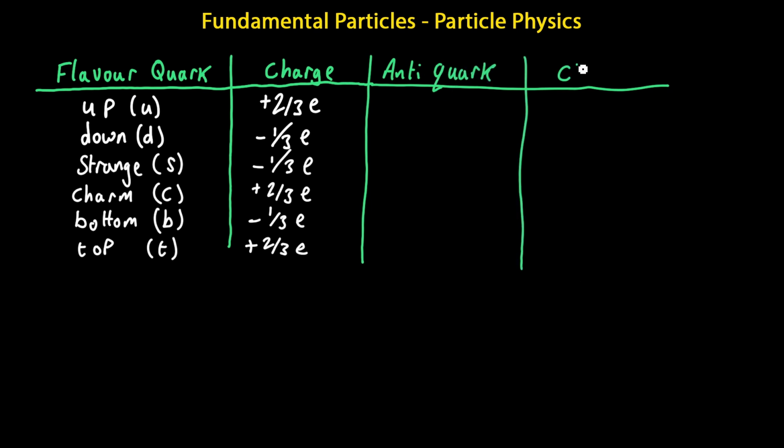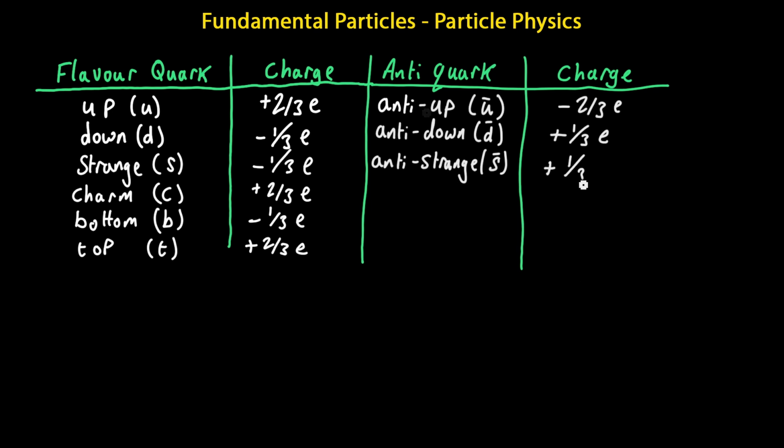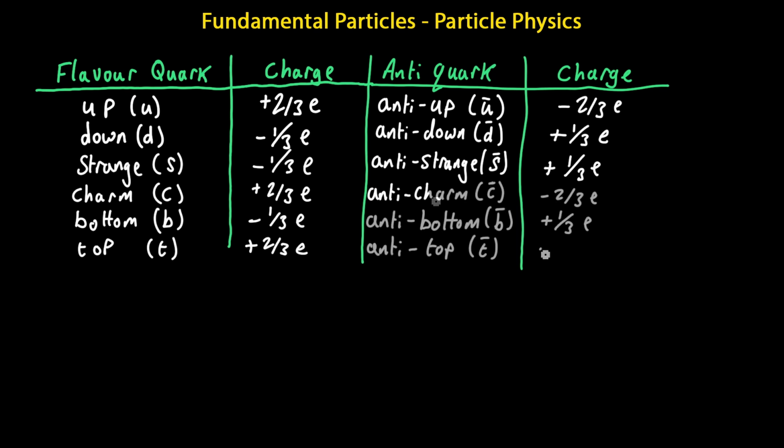And I've extended our table here with the 6 quark flavours, the up, down, strange, charm, bottom and top, and also included their antimatter equivalent. And if you notice here, all the symbols have a bar over the top of them, and their charges are opposite to their matter equivalent.